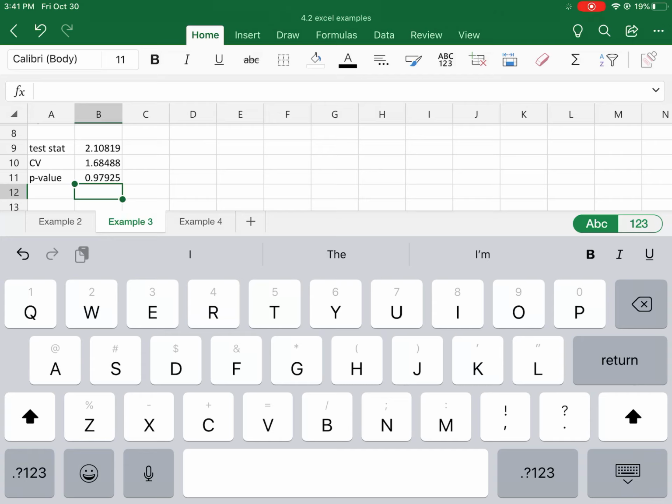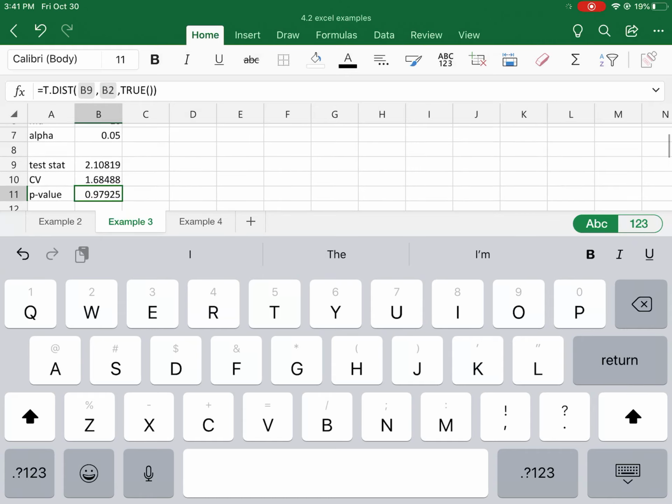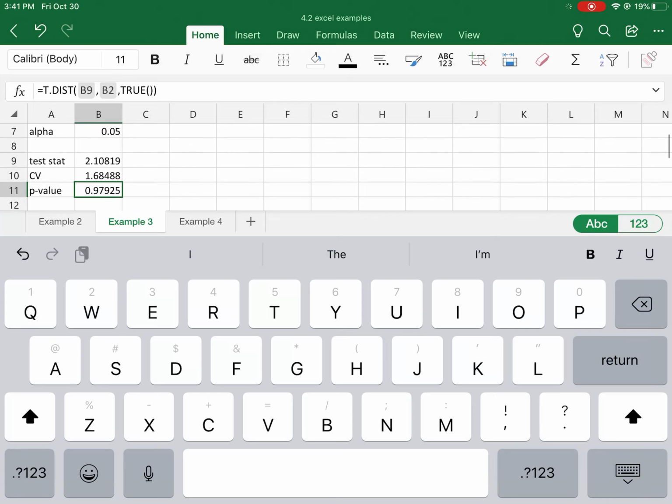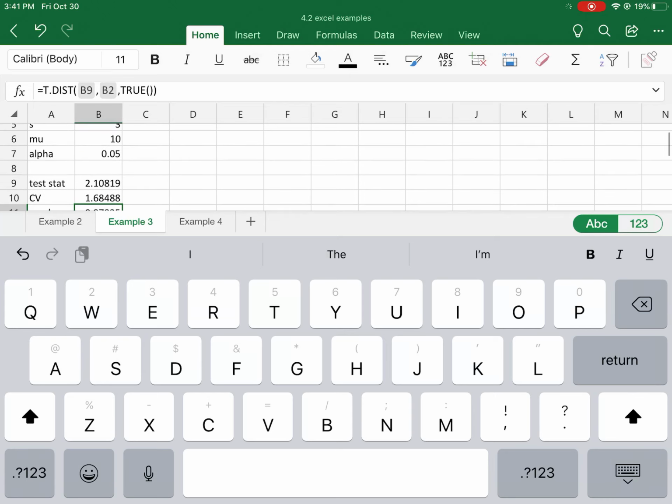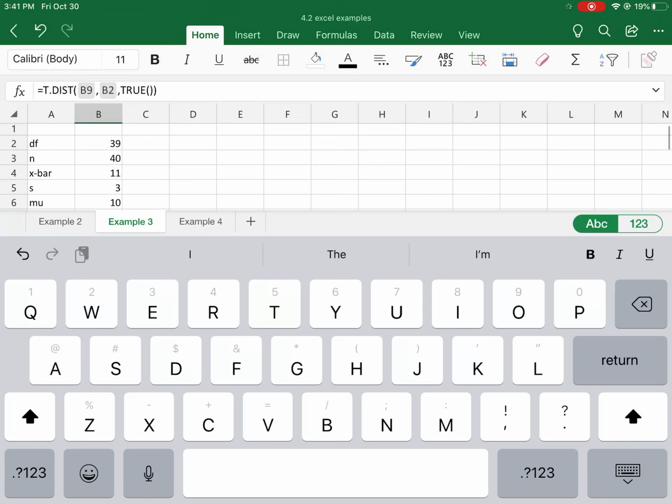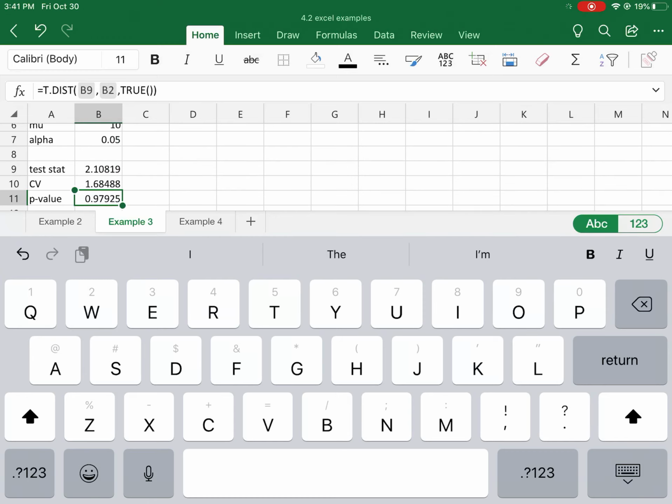So I get 0.979. I have an error here. It should be 0.02.